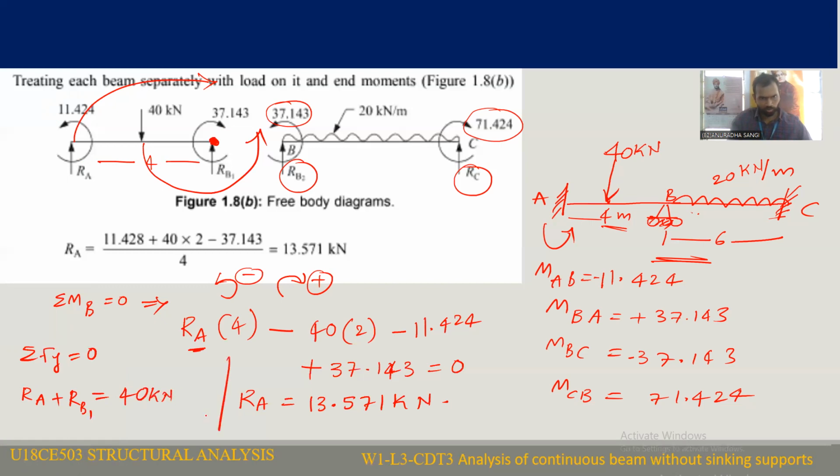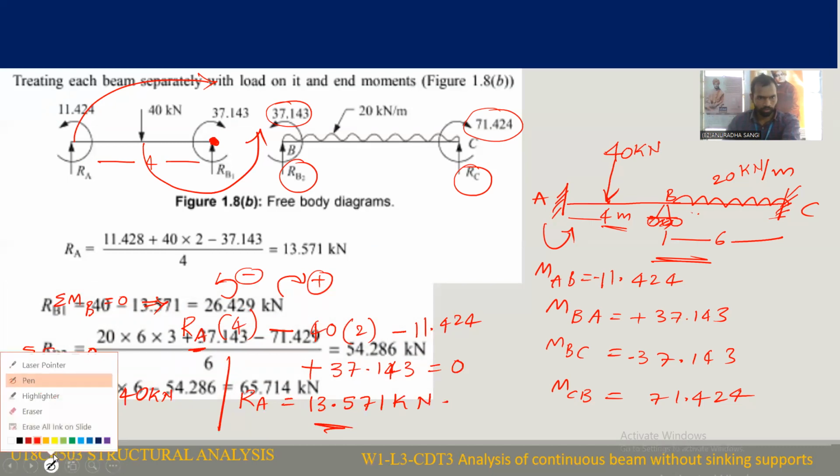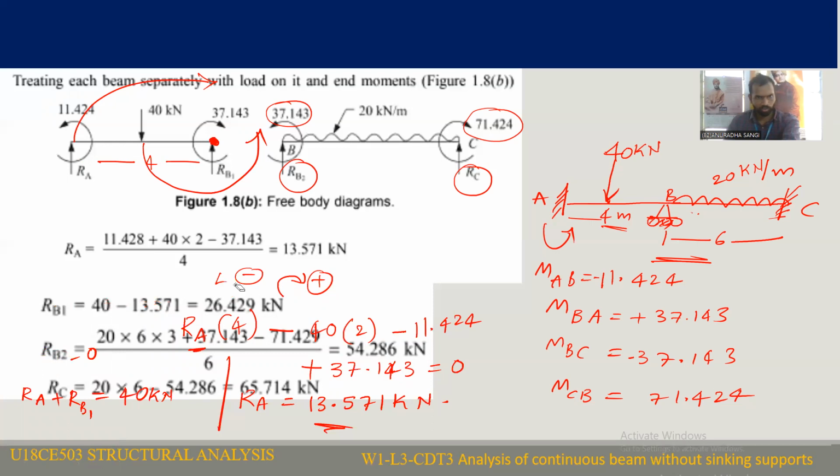So we substitute the RA value in this equation, and you are going to get RB1 equal to 26.429 kilonewtons.